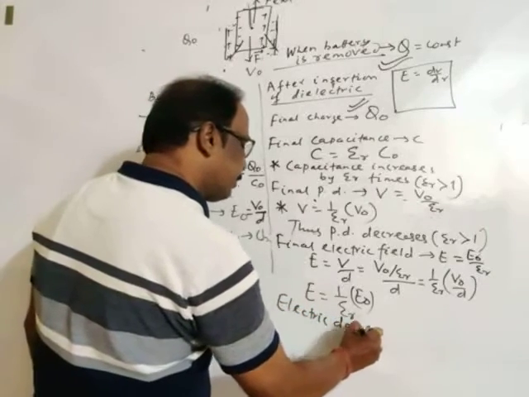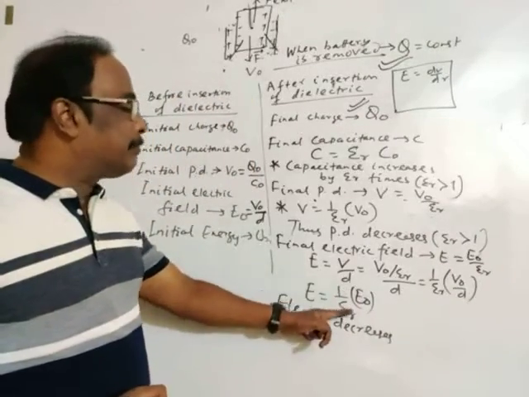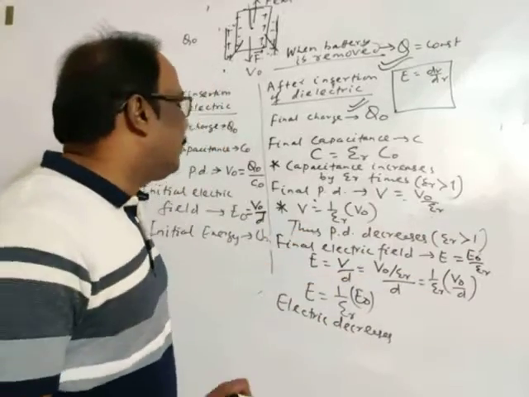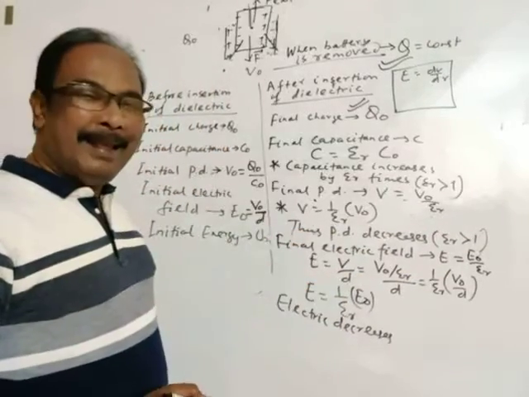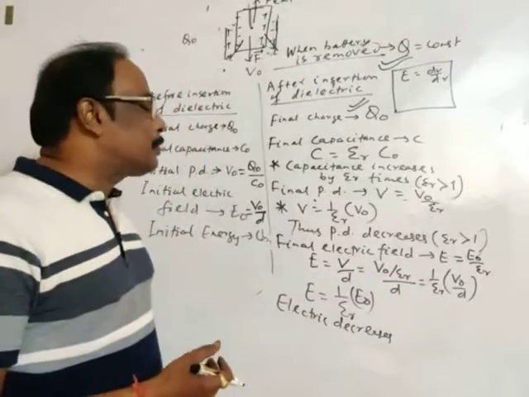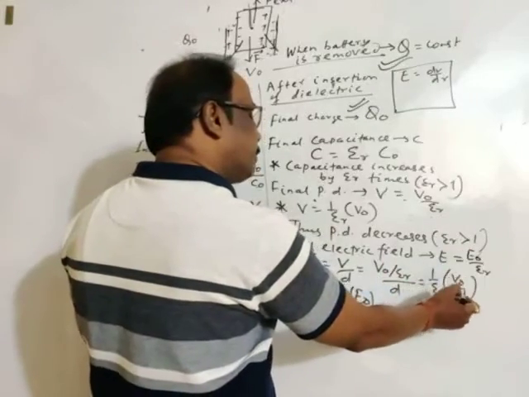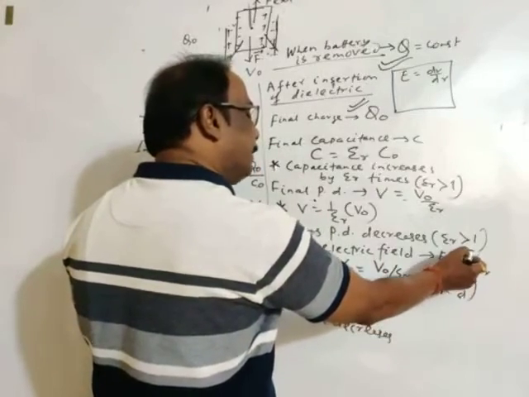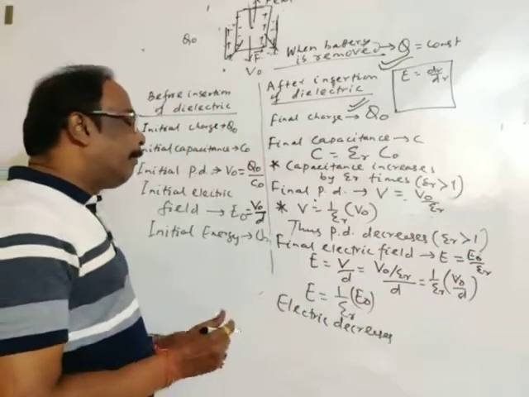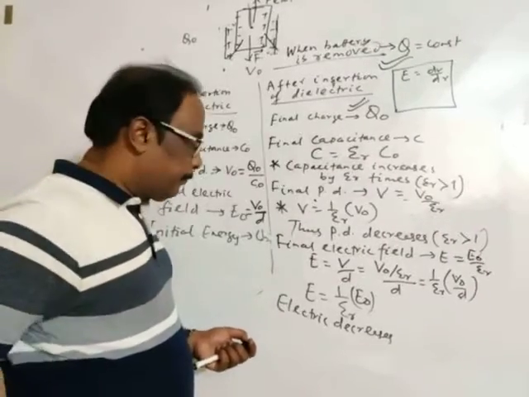Since epsilon r is greater than 1, the electric field decreases by 1 by epsilon r times the original electric field.